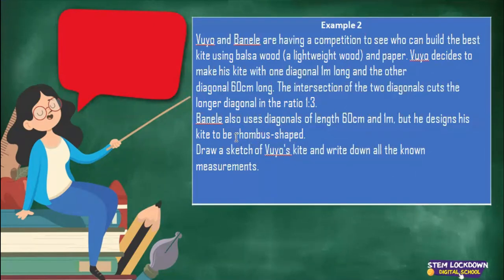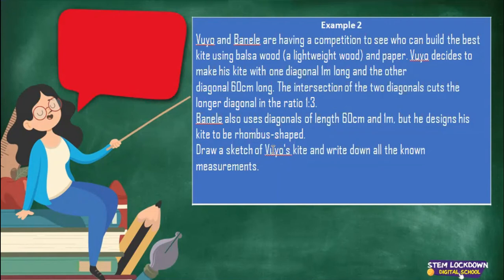Rhombus shaped, we all know a rhombus. A rhombus is basically a square that is bent, that is tilted, that is not standing properly. So in a rhombus, all the sides are equal, just like a square.